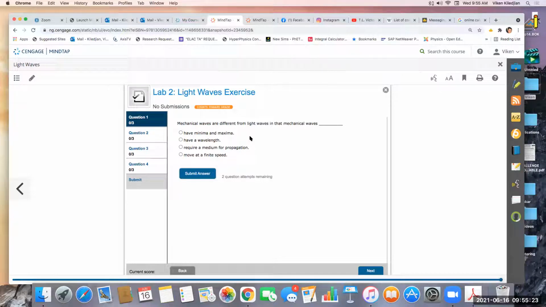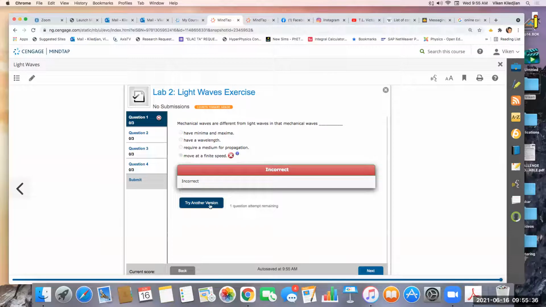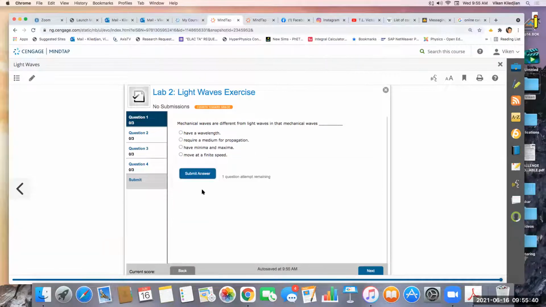Just take a picture of the very last score that you did. Mechanical waves are different. I'm just going to randomly answer them without looking, and then try another version. It gives you 2 chances.